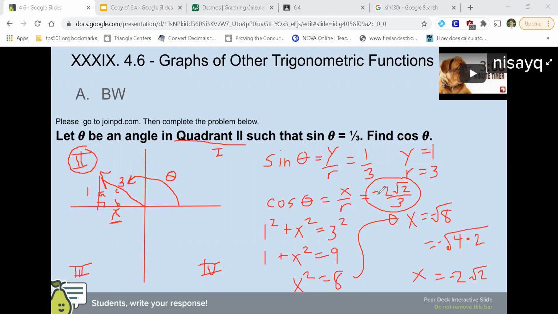Okay, any questions over the bell work? Okay, we're going to do today then 4.6, which is an easier lesson, and 4.5. If you are up to date with 4.5, we're basically just extending those principles of what the A, B, C, and D values do to our graphs, and we're applying that to the other trig functions.